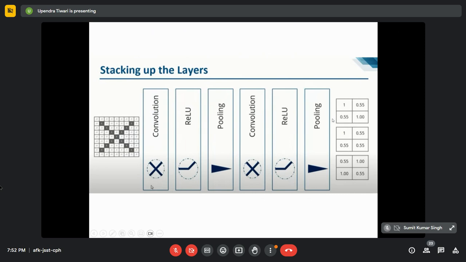Initially here we had 9 by 9. We applied ReLU, we applied the pooling, and we got here 4 by 4. So this 4 by 4 will be passed to this convolution. Again, we'll be applying ReLU, and then this 4 by 4 got reduced by half, and it becomes 2 by 2.